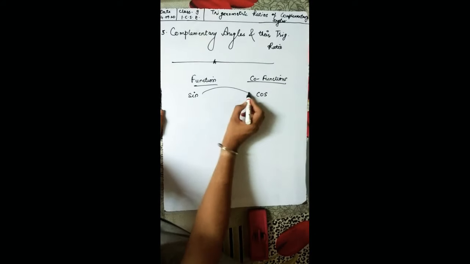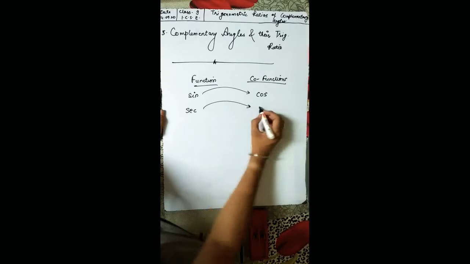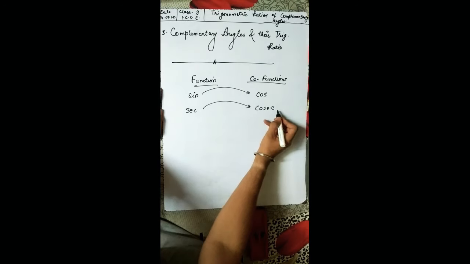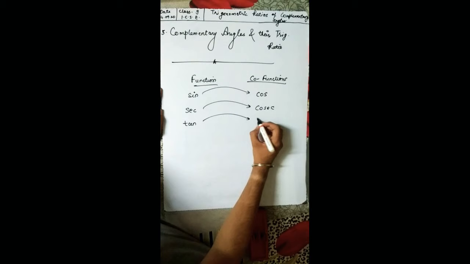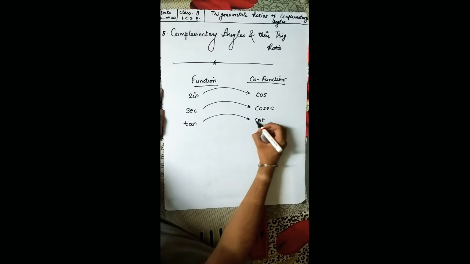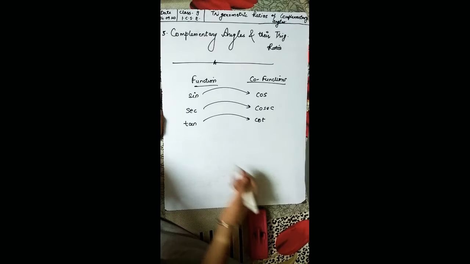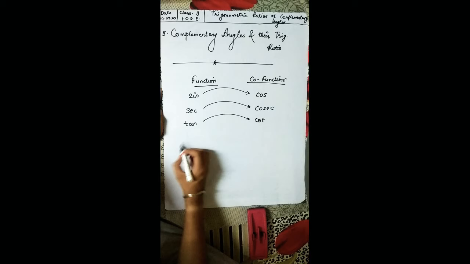So sine changes into cos. Similarly, if I take sec, it changes into its co-function, and we write co here, so it becomes cosec. Similarly, if I take tan, it changes into its co-function, cotangent, or in a simple way, cot. So this is how a function changes into its co-function when we put 90 minus theta.